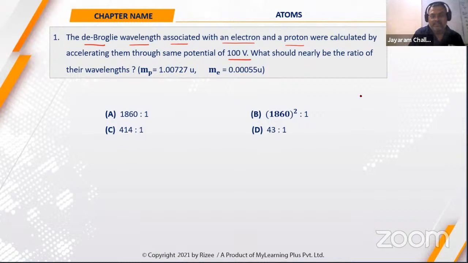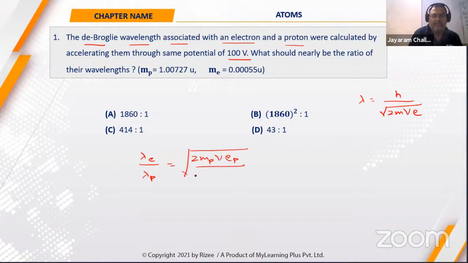That means which relation you have to use? You have to use the relation between the wavelength and the potential, which is h by root over 2m into potential into charge. So when I go for the ratio, lambda of the electron by lambda of the proton, obviously the h terms will be cancelled. So I'm directly writing root over mass of the proton into potential into charge of the proton by 2 into mass of the electron into potential of the electron into charge of the electron.